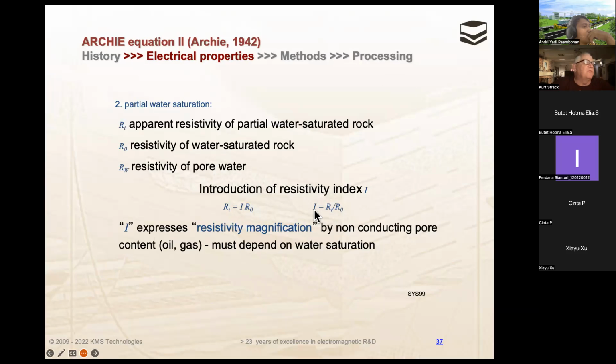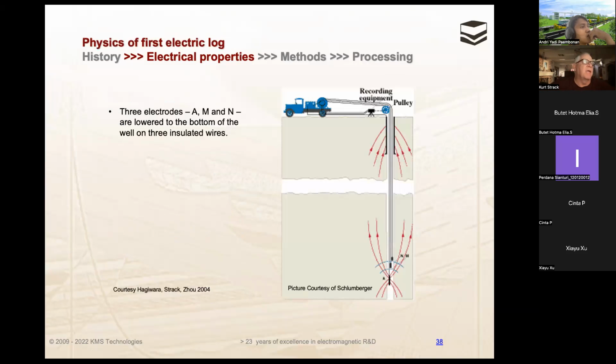And then we have this I, which is also called a resistivity magnification. But this is a resistivity magnification by the non-conducting pore content, oil and gas. It also depends on water saturation itself. So we have two factors that we can play with.